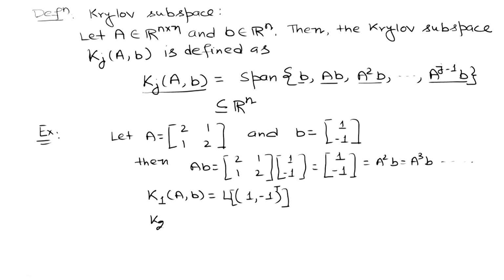Similarly, K_2(A,B) will be the linear span of vectors B and AB, which are the same vector here, so [1, -1] transpose. In this way we can define the Krylov subspace.